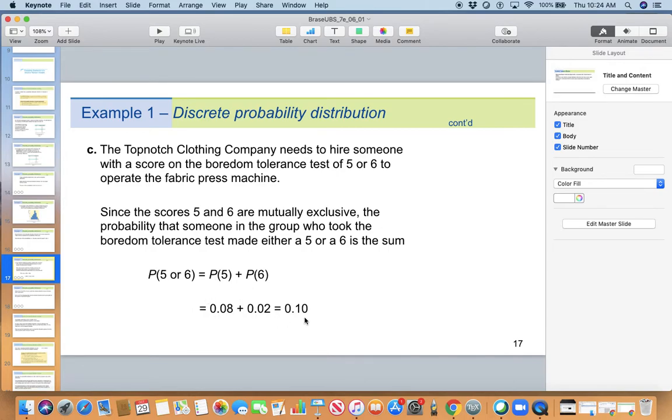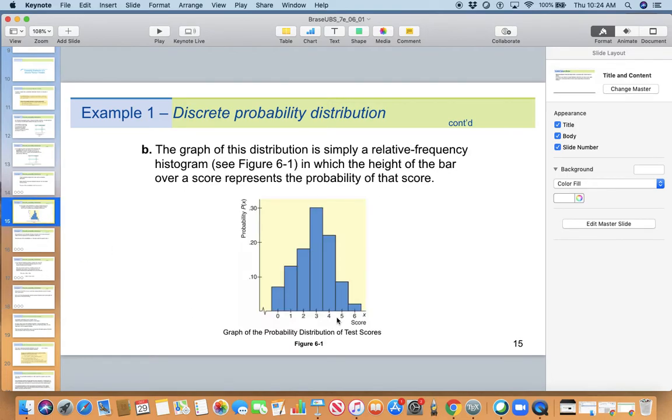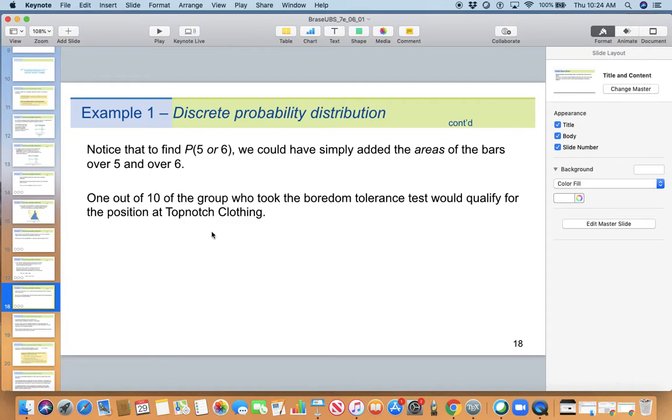Add them up. Notice, for probability 5 or 6, we could have simply added the areas of the bars. Area is probability at 5. Area of the smaller one is probability of 6. So you could have simply added these two. That's what they are saying.